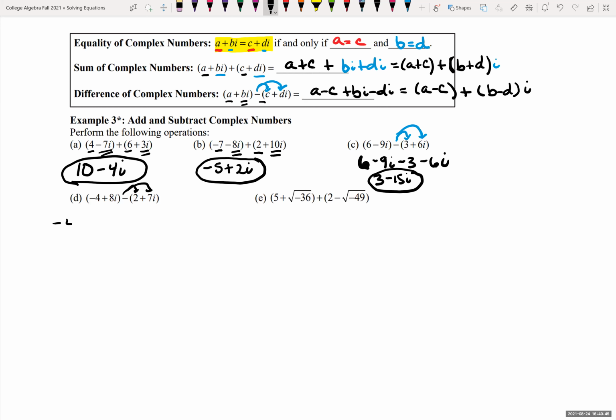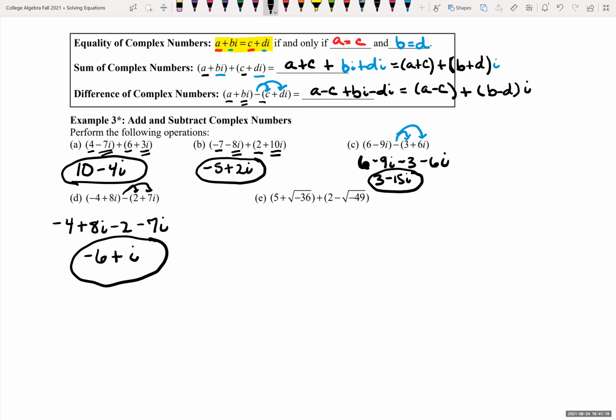Distribute the negative, we get negative 4 plus 8i minus 2 minus 7i. Combine the real parts, negative 4 minus 2 is negative 6. Combine the imaginary parts, 8i minus 7i gives us plus i. I need to simplify part E first by rewriting the square root of the negative number as an imaginary number.